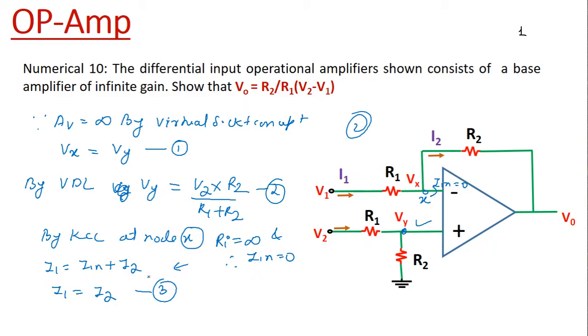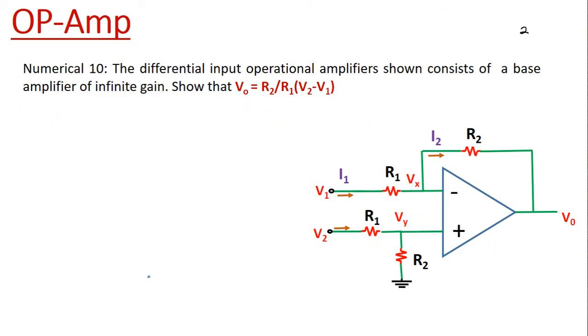Now we find out I1 and I2 and put the values there. I1 will be equal to V1 minus Vx divided by R1, which equals I2. I2 will be equal to Vx minus output voltage VO divided by R2.